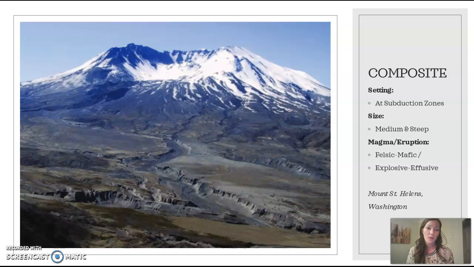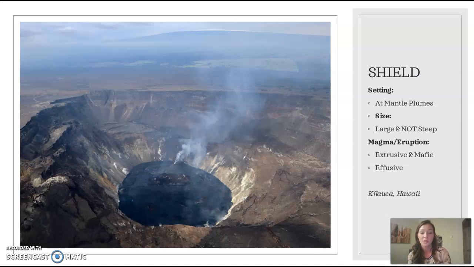And the magma is more of a felsic to mafic type of rock. The eruption is very explosive to effusive, and effusive is just that it is more of a constant flow of lava. An example is the Mount St. Helens in Washington.